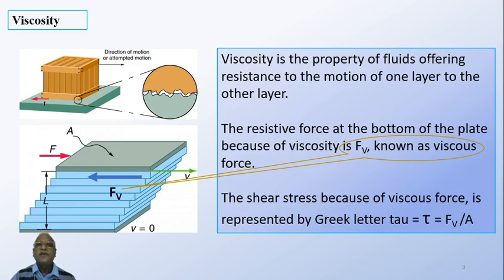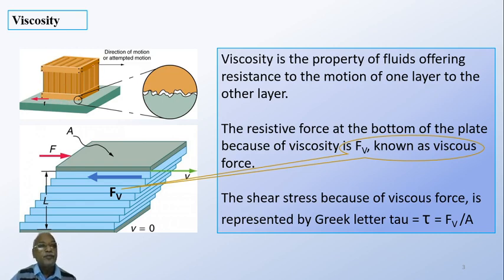Okay, here viscosity is the property of fluids offering a resistance to the motion of one layer to the other layer. This is resistance for the motion in fluids. But if you take resistance of motion in solids, suppose there is an object here, a box sitting on some surface.